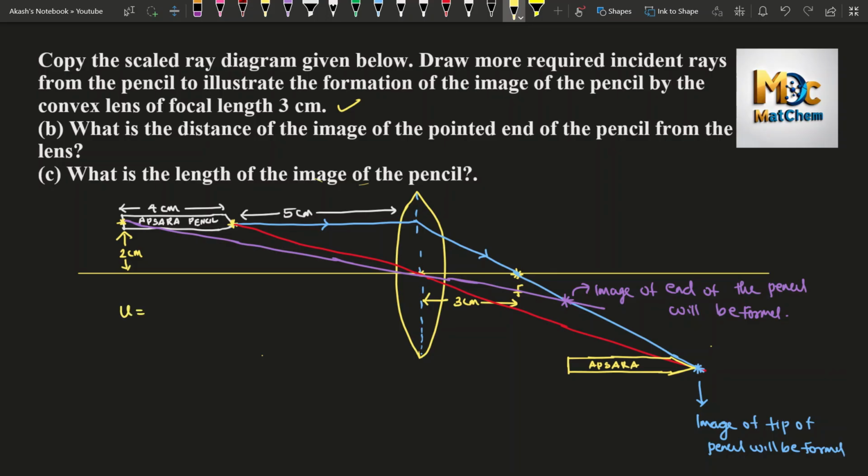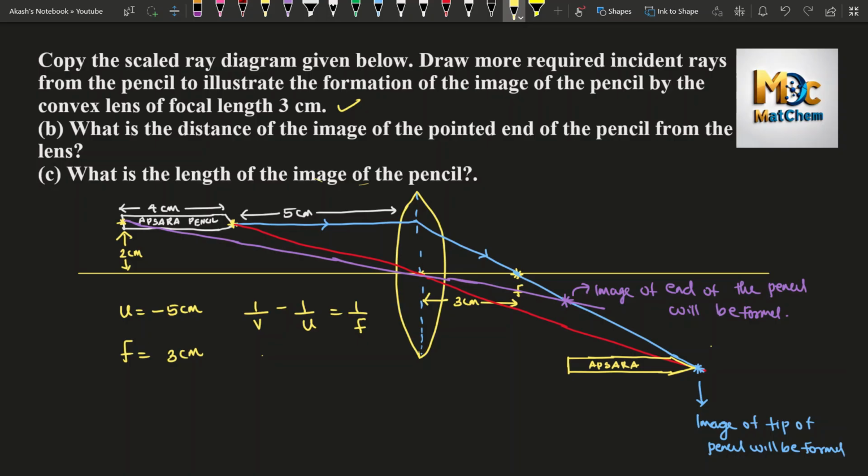So the u value, the distance between the object and the lens, will be equal to minus 5 centimeter. Since it is a convex lens, the focal length is positive. Therefore, the focal length f will be equal to 3 centimeter. We know that for a lens, according to the lens maker's formula, 1/v minus 1/u equals 1/f.